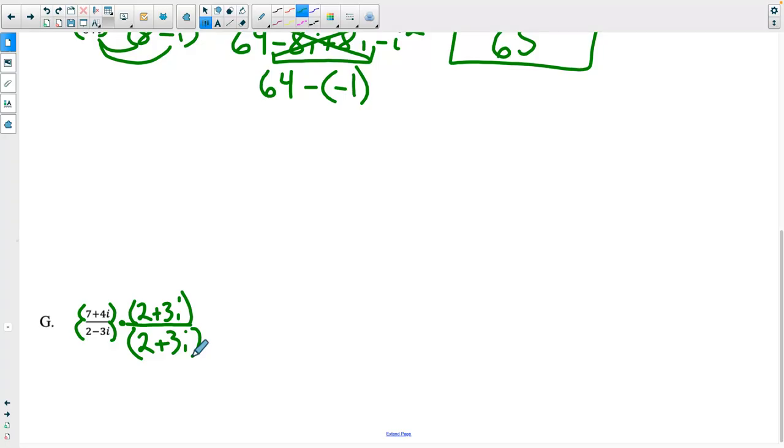Yep, you gotta double distribute. So this one we do not have to because there's one more term. This 7 goes to 2 and it goes to 3i. So you multiply both and then you go 4i times 2 and 4i times 3i. It's gonna be 2 more terms. There's not too much more. So you got the first and the last, so you gotta find the middle pieces. So you're just missing two things.